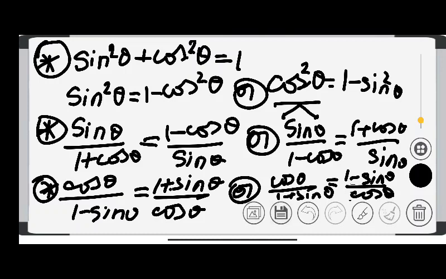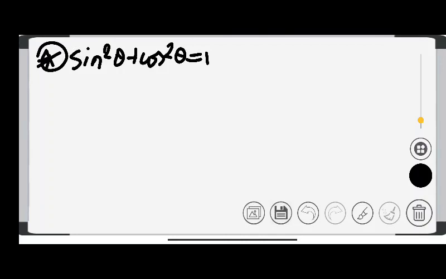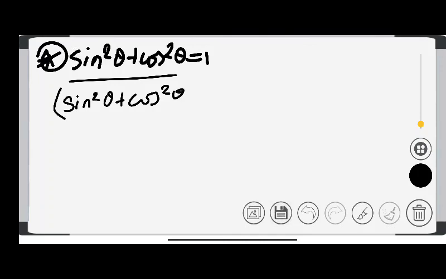So let's derive another formula using this. We have sine square theta plus cos square theta is equal to 1. If I square both sides, I get sine square theta plus cos square theta, the whole square, equals 1 square. So it is a plus b the whole square.